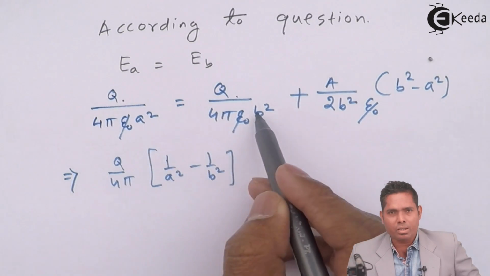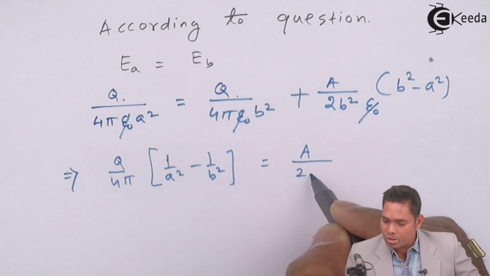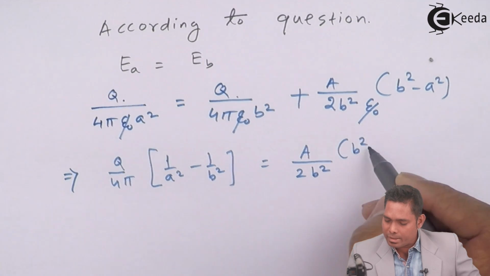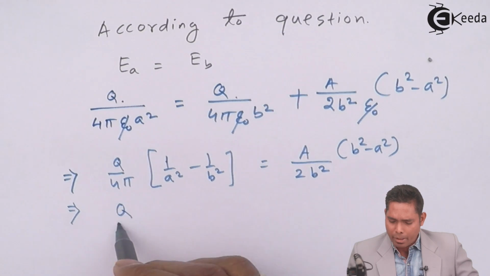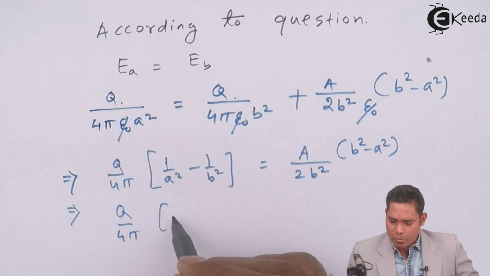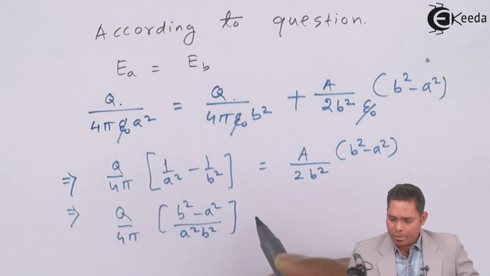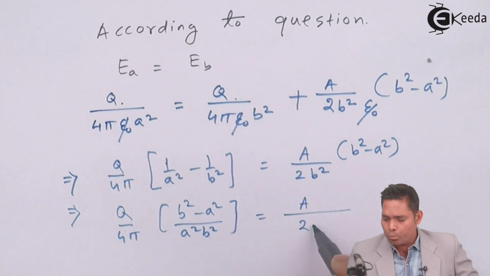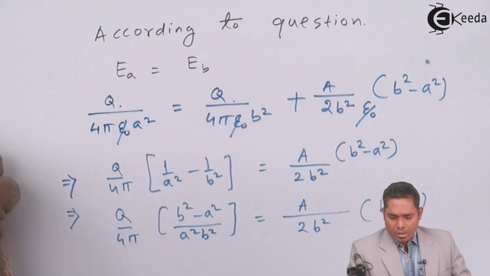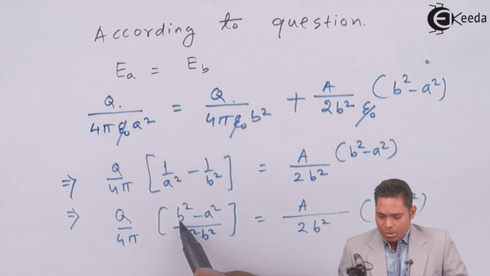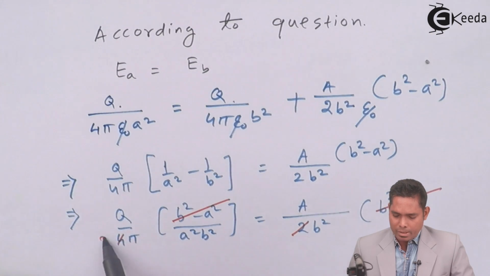This comes to that side and becomes negative, and here I have a divided by 2 b square, (b square minus a square). If I take the LCM over here, q divided by 4 pi, (b square minus a square) divided by a square b square, equals a divided by 2 b square, (b square minus a square). Then I can cancel b square minus a square on both sides of this equation. The 4 and 2 cancel, the 2 remains here.